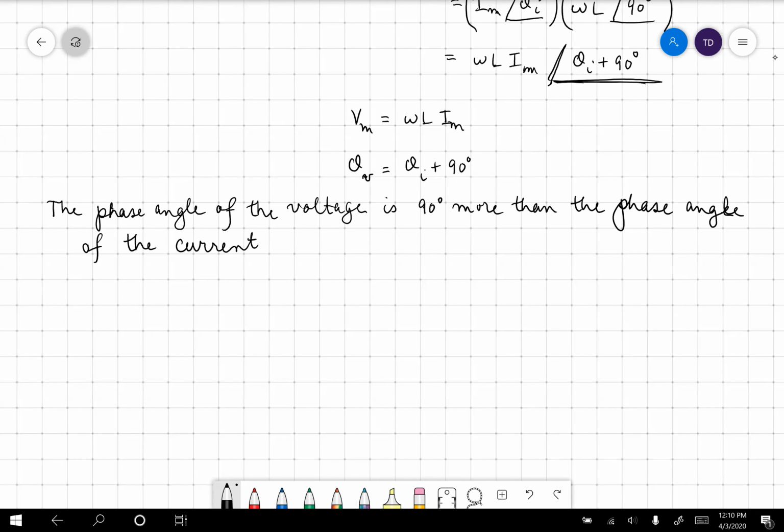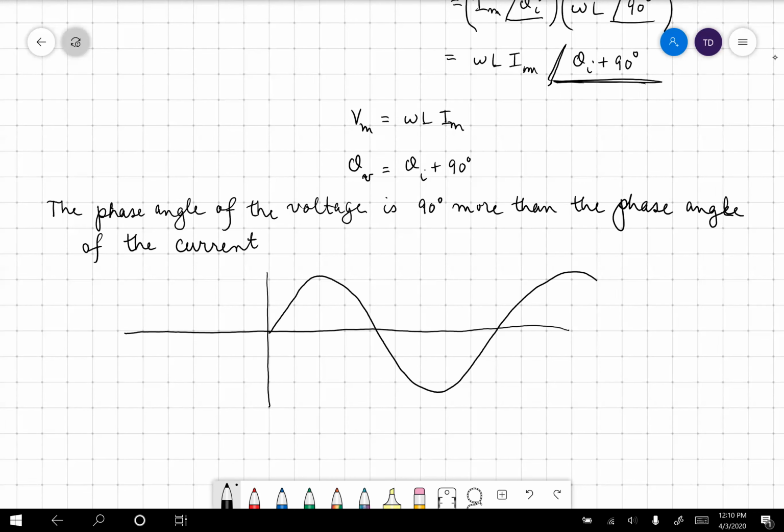So for the inductor, if I have, I'm just making it up, an inductor current. Okay, so let this one be the current. And I'll make the voltage smaller in amplitude so you can see it. What does it say about the voltage? The voltage is the same phase angle as the current right there.